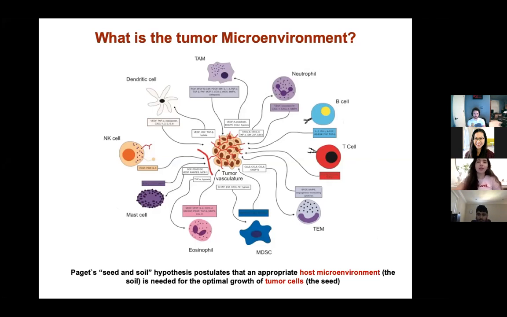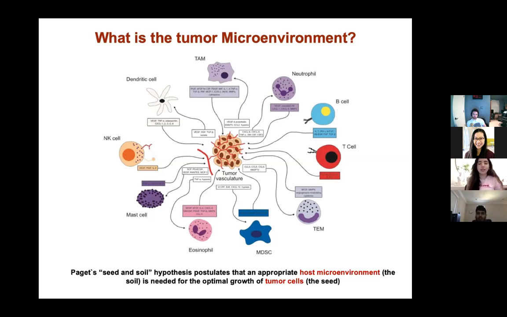All of these go hand in hand and are necessary for the tumor to get established within the body, evade all of the immune responses that the body would have, and just go and proliferate.